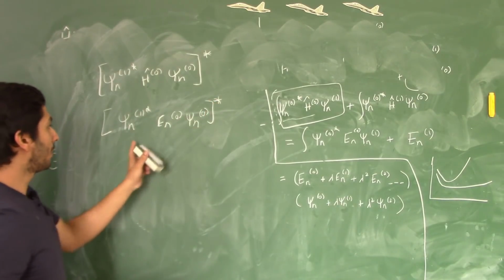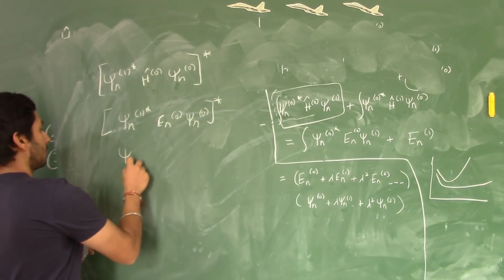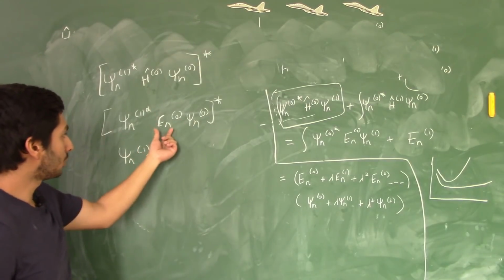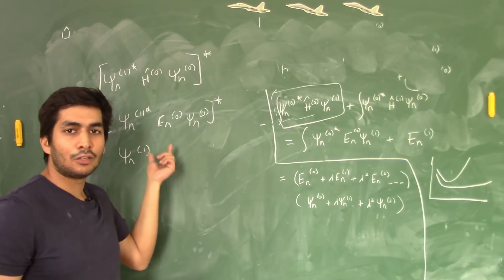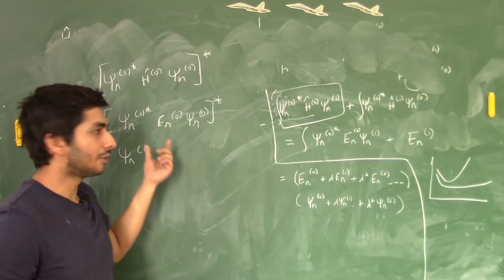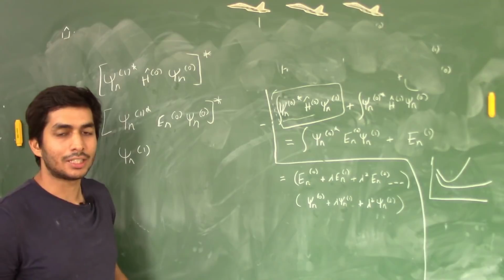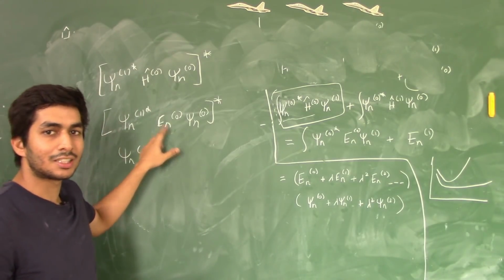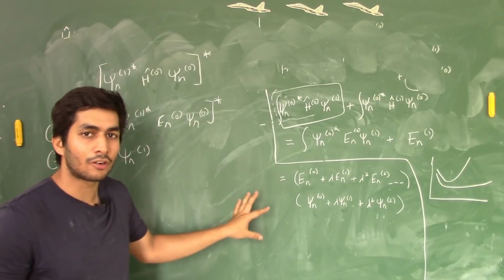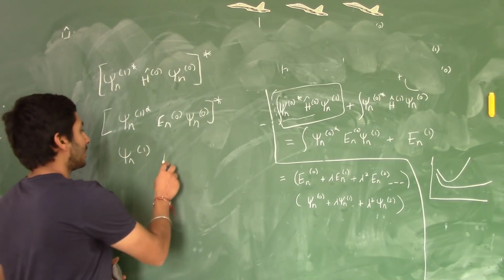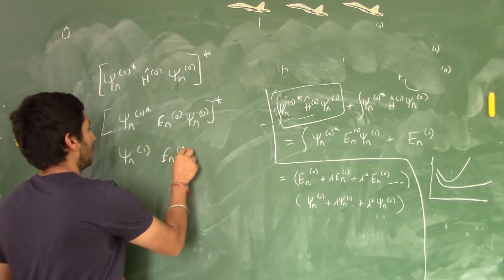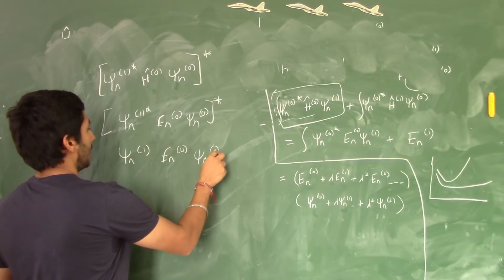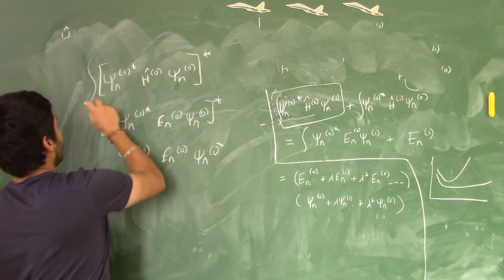If we take the complex conjugate of ψn¹*, this will become ψn¹. And this is the eigenvalue, and the eigenvalue for a Hermitian operator is a real value, and a real value does not have a complex conjugate, it will be the same value itself. So this will remain as it is, En⁰. And this will again turn to ψn⁰*, and we have the integral, obviously.